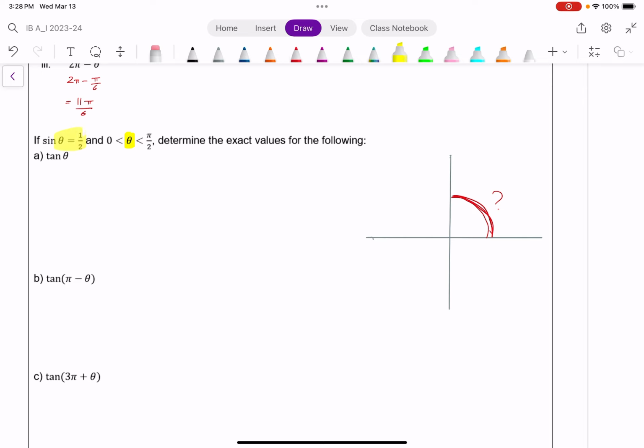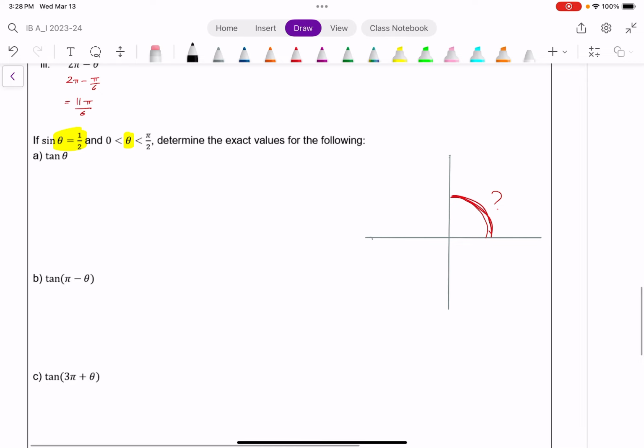But I also know the sine of theta is exactly 1/2, which means I can quickly go to my calculator and go, if the sine of theta equals 1/2, well, that means theta must just be the inverse of sine, which, if I think in degrees, I get 30 degrees.